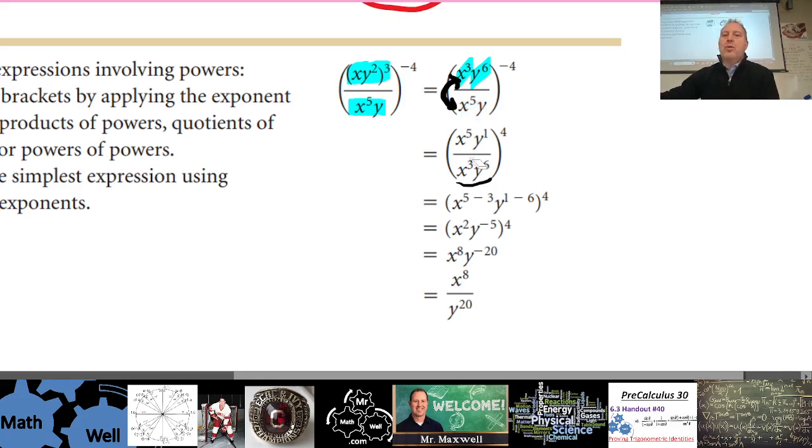So what they did was they focused on inside the brackets simplifying, let's say like this, x to the 5 divided by x to the 3 becomes x squared. You see that? And then they focused on y to the 1 divided by y to the 6, which is 1 minus 6 is negative 5, and that's where you get this part. Okay? So they worked inside the brackets and simplified this first to get this right here.